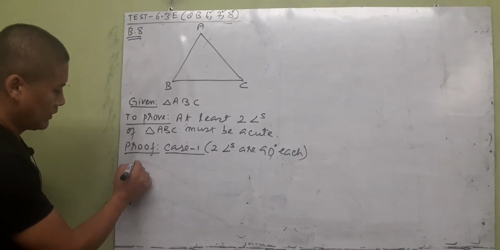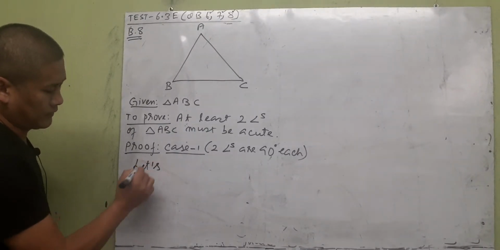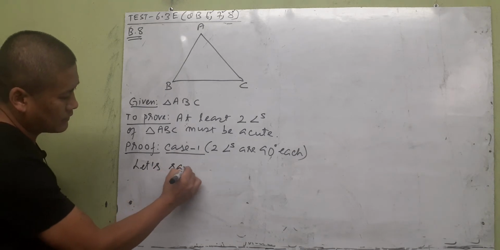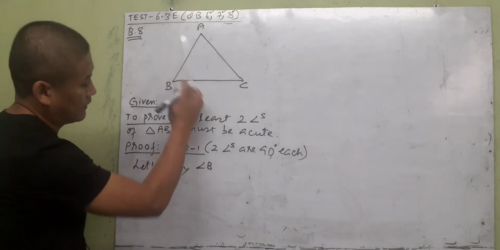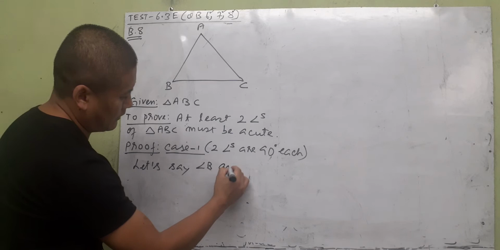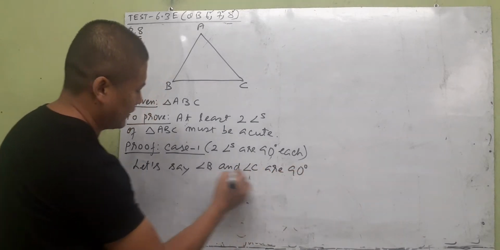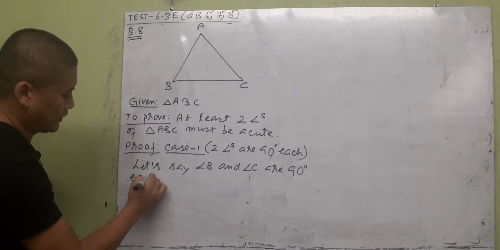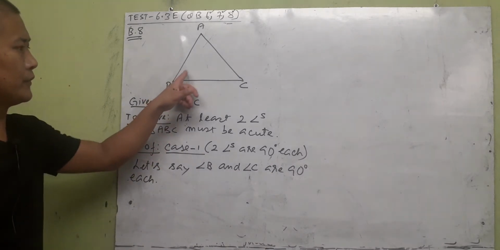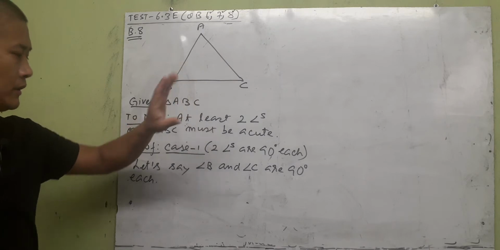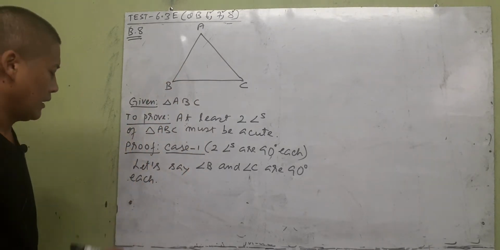Okay, so let's say for our specific case, angle B and angle C are 90 degree each. So we are taking a case where 2 of the angles of this triangle are 90 and see whether it's correct or not.